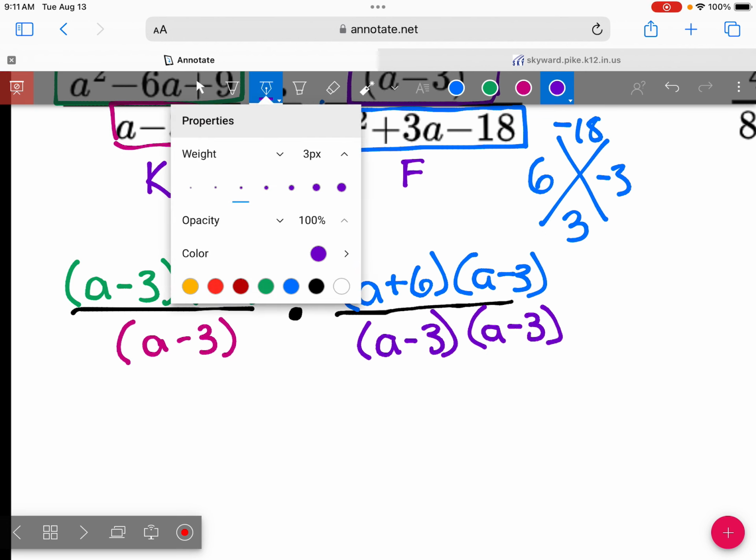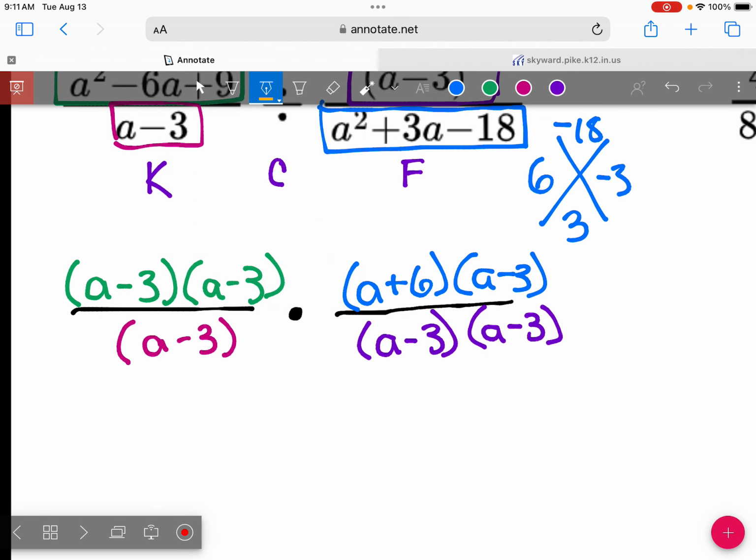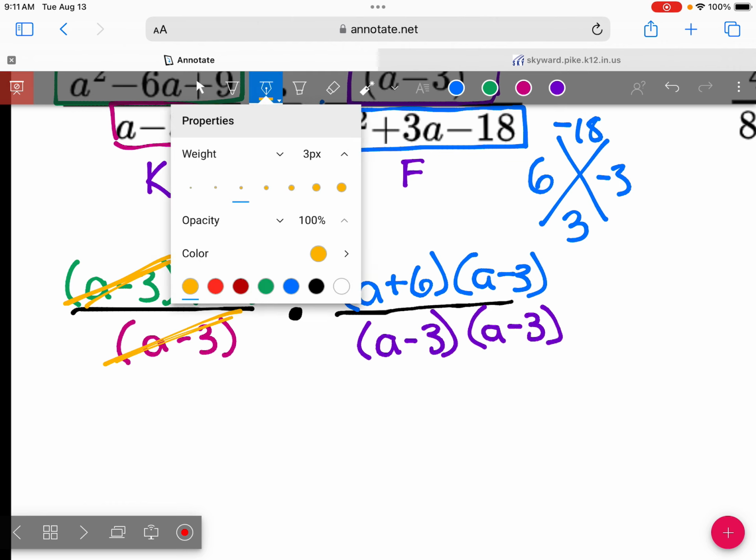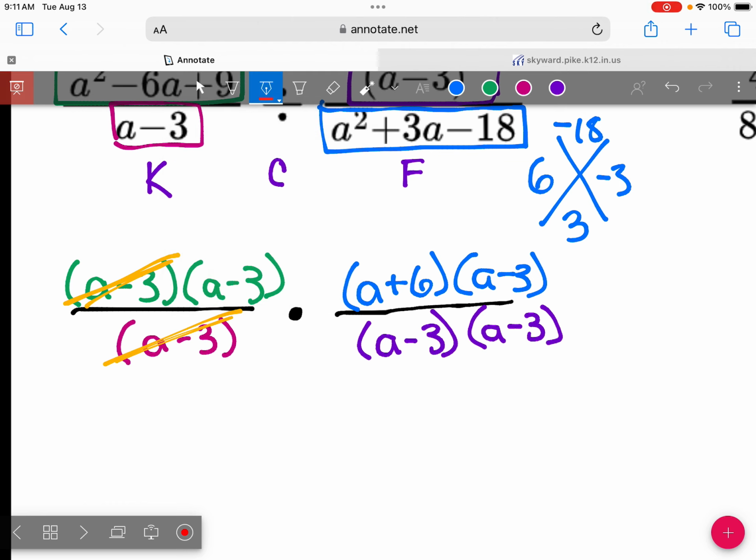All right, now the simplifying. What do we have that simplifies? A minus 3. So I'll pick a pair. So I've got one pair that is top and bottom. What else simplifies out? Another set of a minus 3 and a minus 3. What else simplifies out? Another a minus 3 over a minus 3. Anything else?